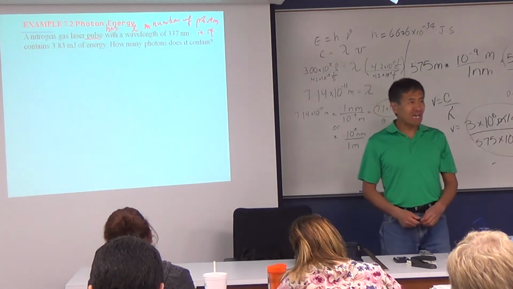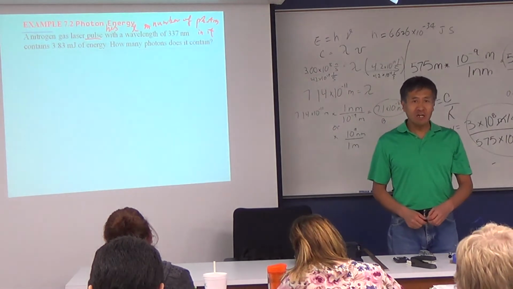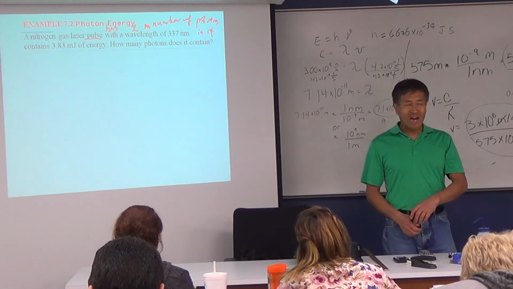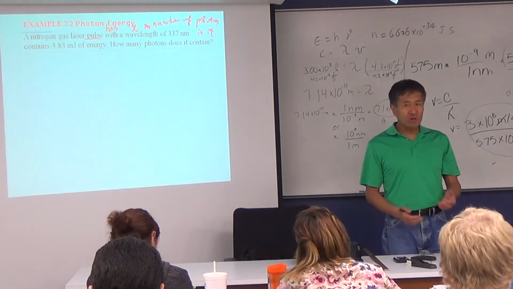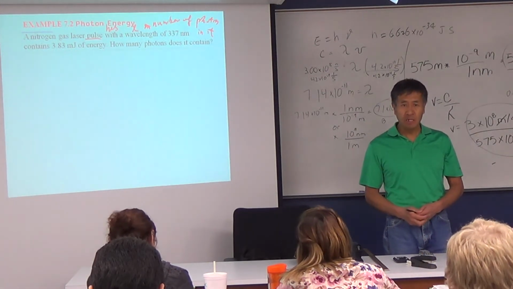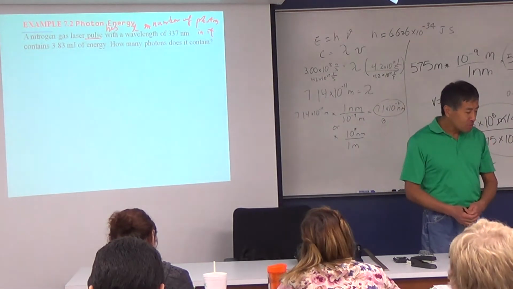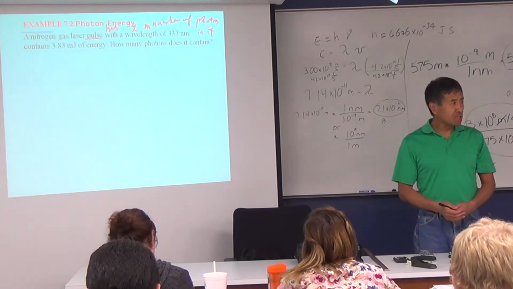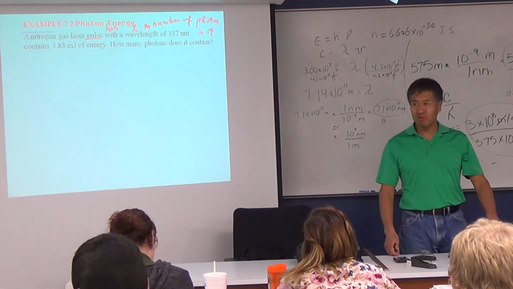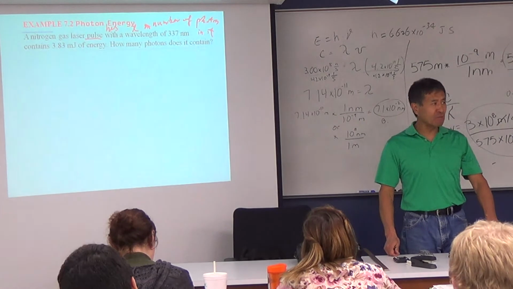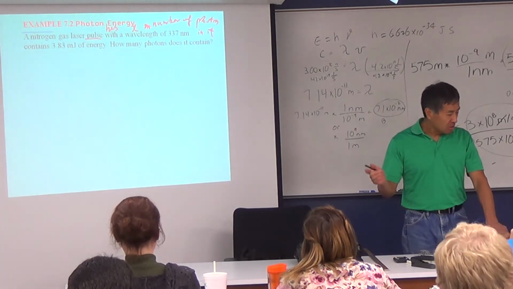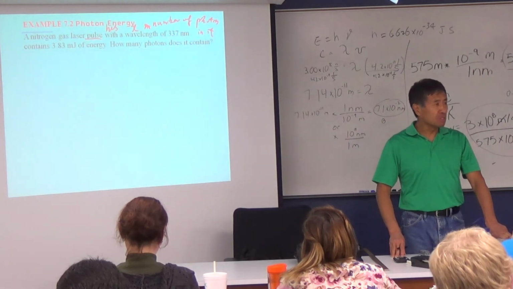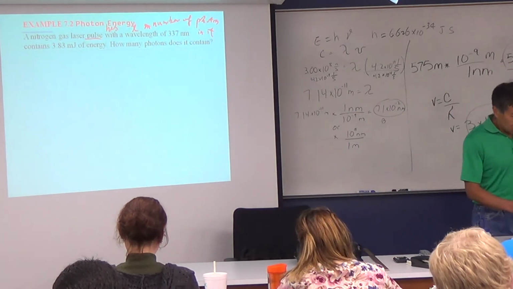An electron has energy. If the electron in a high energy state falls back to a lower energy state, it will create a photon. Now that beam or pulse of laser has X number of photons in it. We don't know what that number is. The question for this problem asks you what that X is.